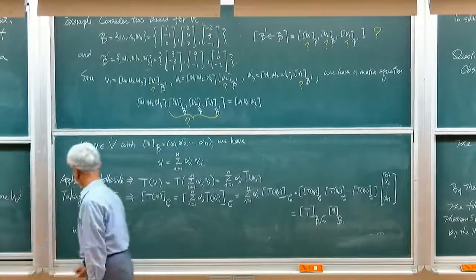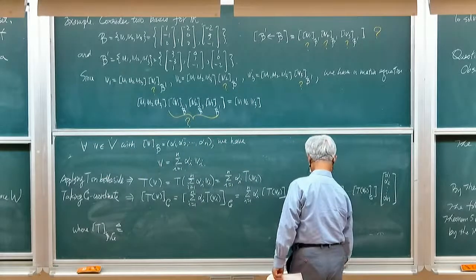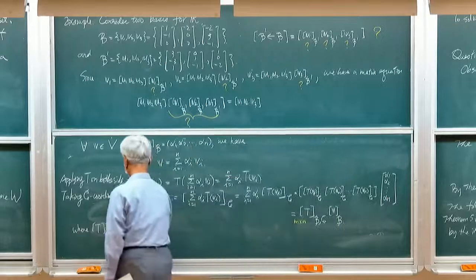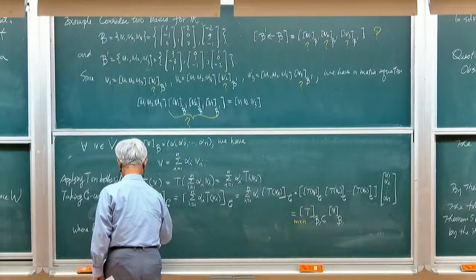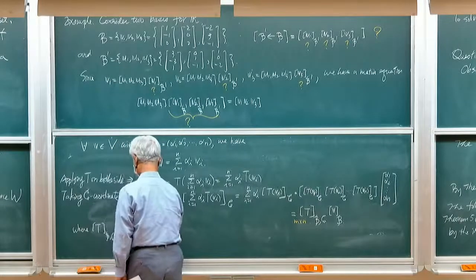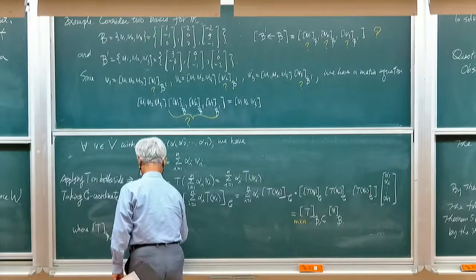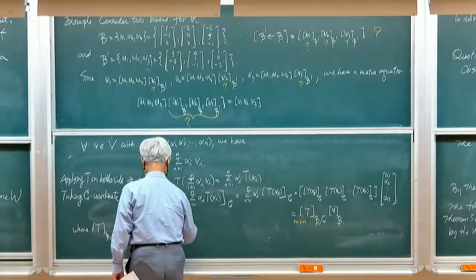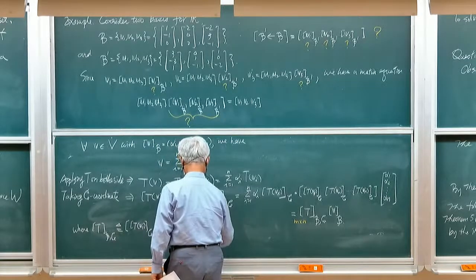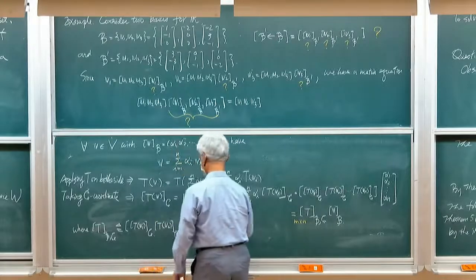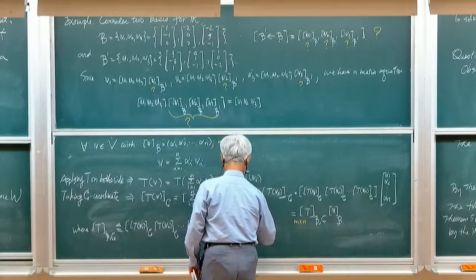So this matrix is m times n. It's an m times n matrix.